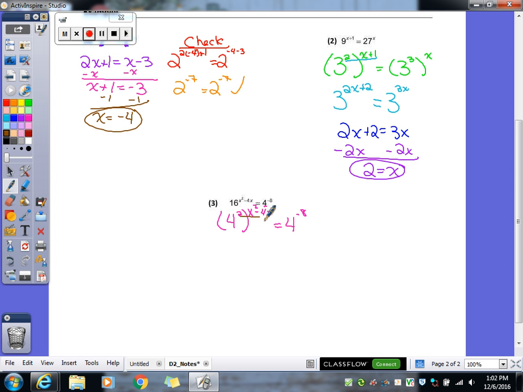So on the left side, we have to multiply our exponents. So I get 4 to the 2x squared minus 8x equals 4 to the negative 8. So now we can write our exponents as equal to each other.